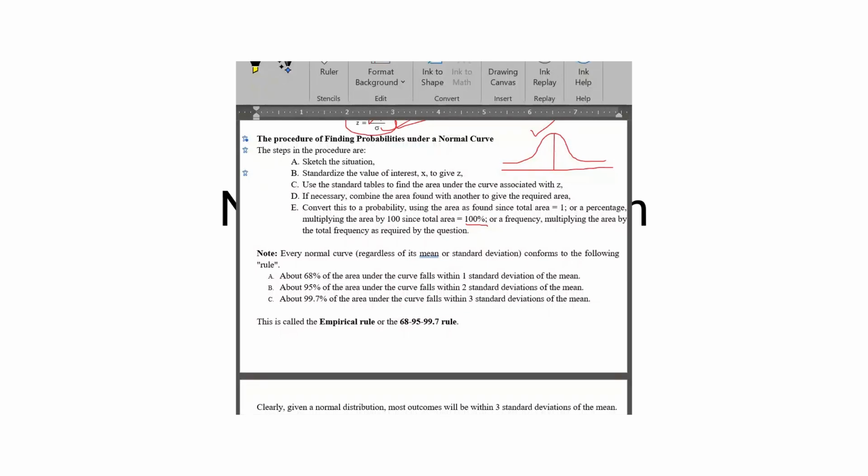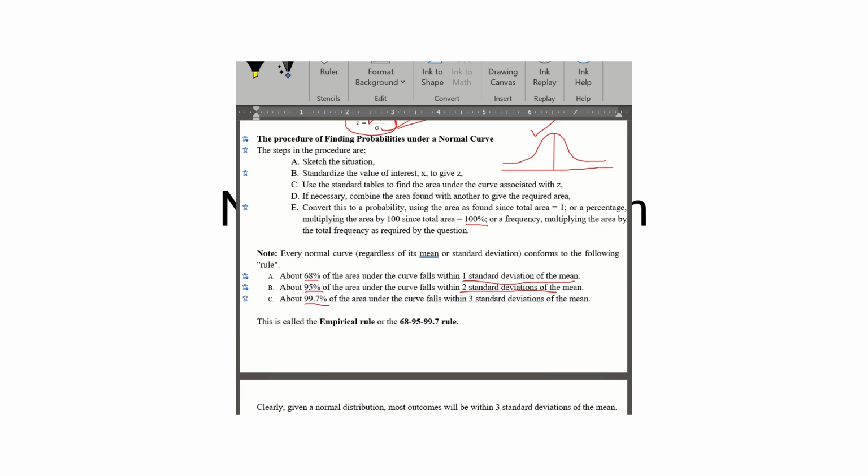Now, just by way of note: every normal curve, regardless of its mean and standard deviation, conforms to the following rule. This is a tested rule, an empirical rule, that about 68% of the area under the curve falls within 1 standard deviation of the mean. About 95% falls within 2 standard deviations from the mean, and about 99.7% falls within 3.